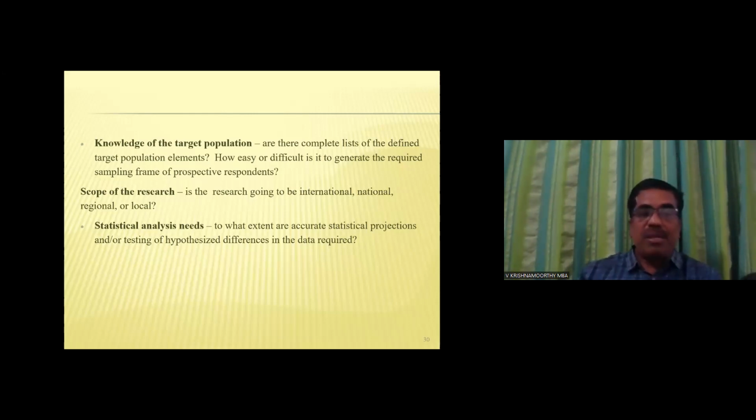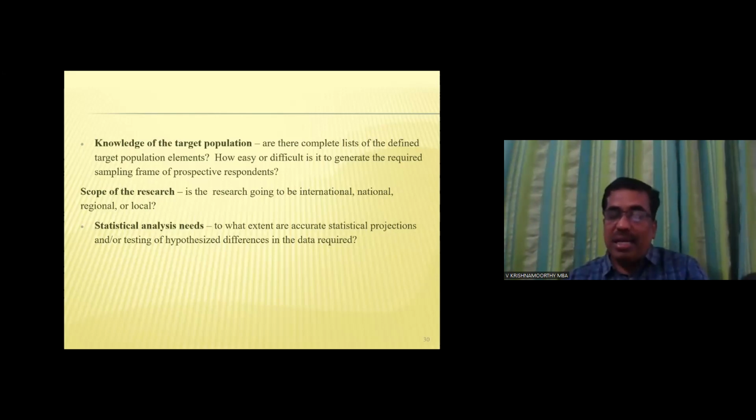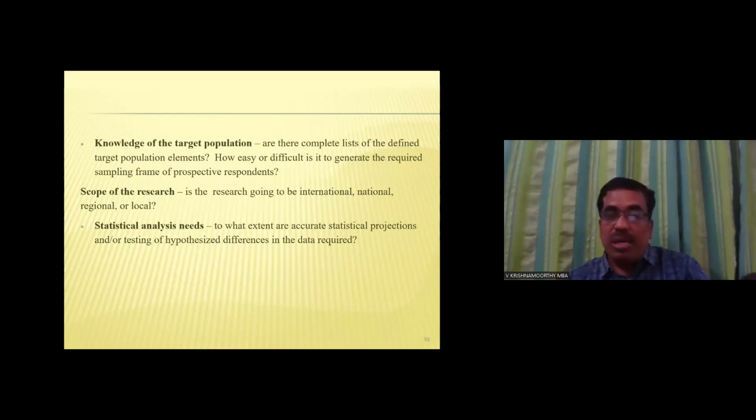Another important thing, for example, statistical analysis need. You would like to use statistical tools. Normally, we can use two types of statistical test. One is a parametric test, and another one is a non-parametric test. When you have collected data through the probability sampling method, it is advisable to use a parametric test.